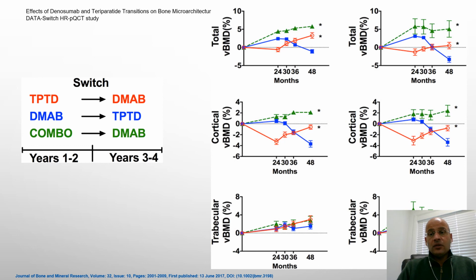So you actually will be at a loss. You will lose bone density if you start with denosumab and you switch over to teriparatide. Now, the combination arm in the green, they actually showed better than either drug and than the other strategies.